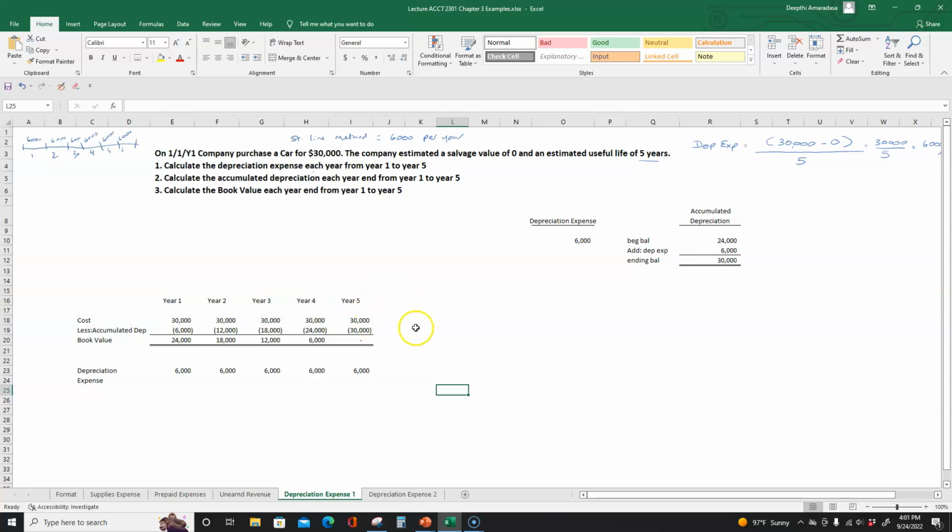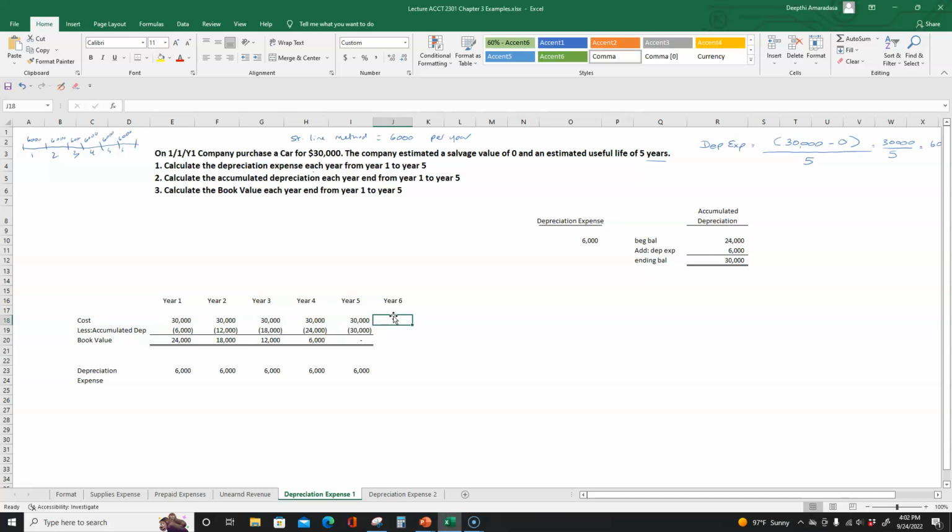If we keep using the asset in year 6, let's say year 6, the company keeps using this asset and they have not sold it at the end of year 6, they will still report the cost as $30,000. They will report accumulated depreciation as $30,000.